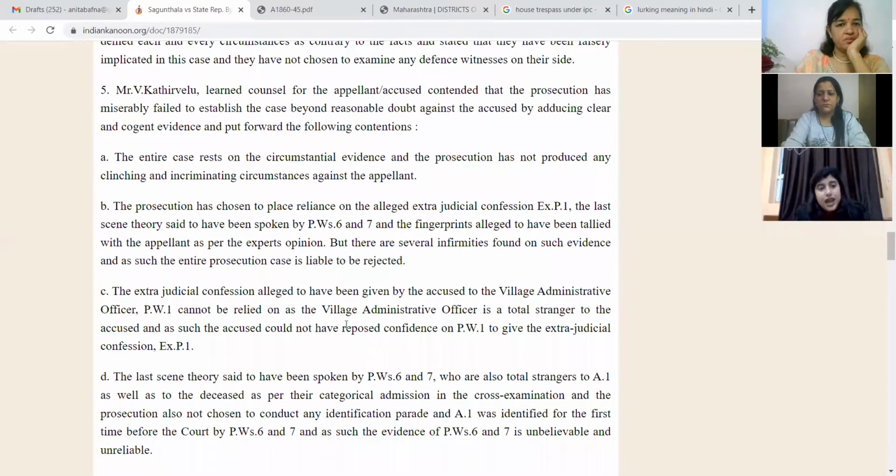The prosecution has chosen to place reliance on the alleged extrajudicial plaintiff 1.